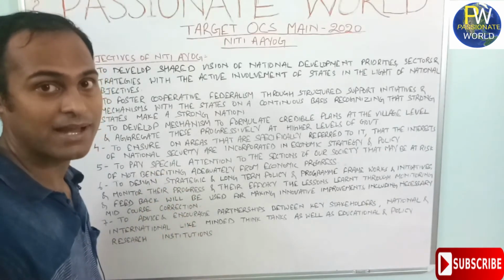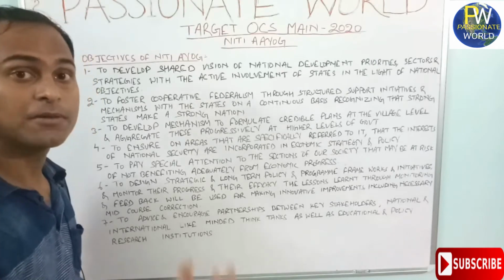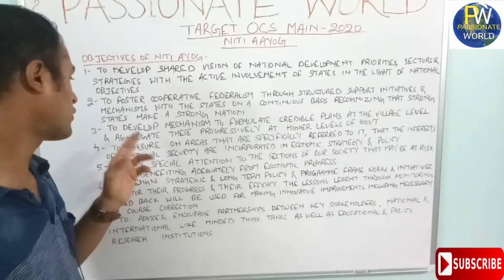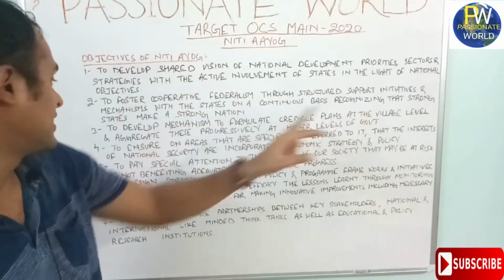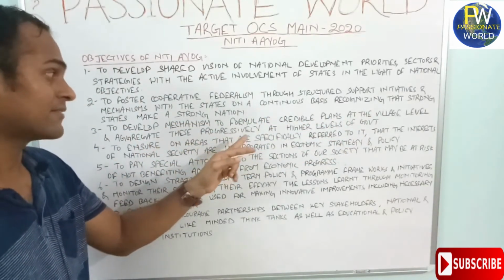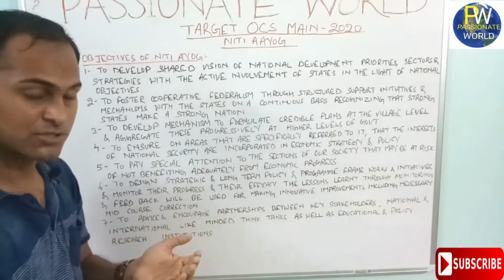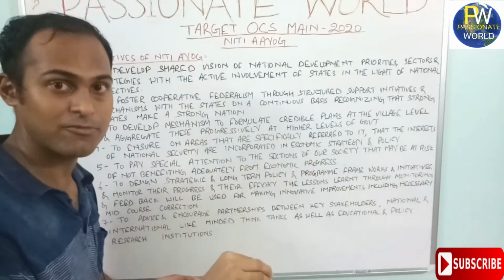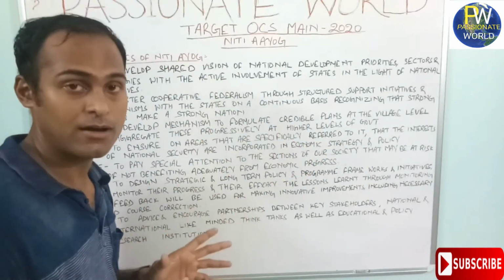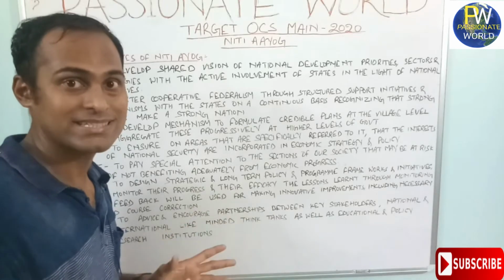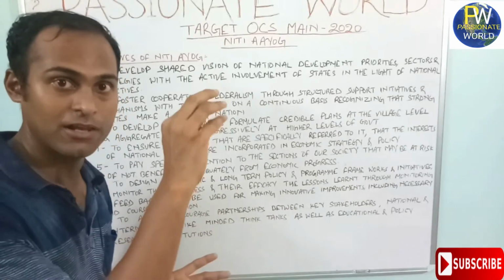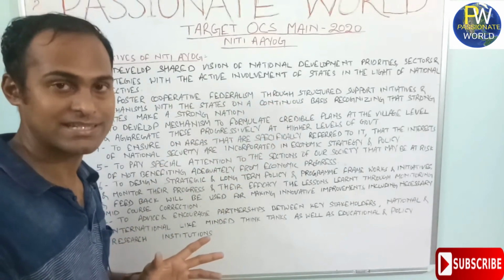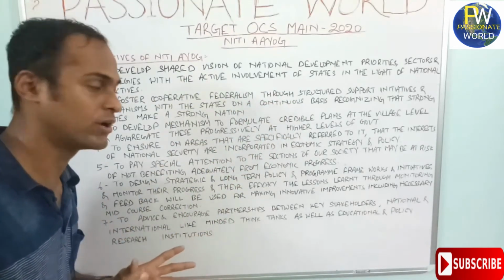Whatever feedback is taken will be translated into policy decision making at the central level. Slowly the feedback will go to the central level, and from the center decisions will be taken, and whatever program or policy changes they have to bring, they will make at the central level and help the states to implement it at the ground level.